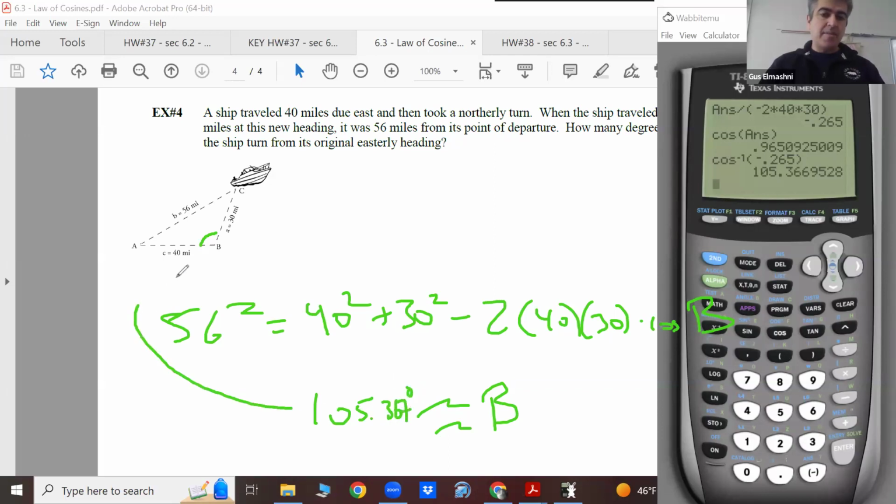It's opposite the biggest side. That totally makes sense. Plus if I check 30 squared plus 40 squared is 2500. That's less than 56 squared. So yeah, it totally should be obtuse. That makes sense. Yep. All right, there you go.